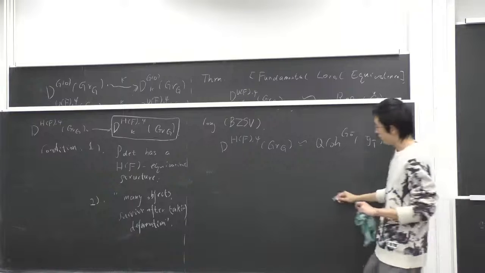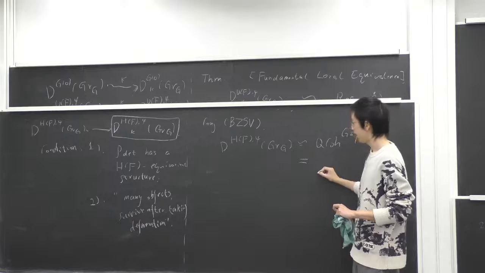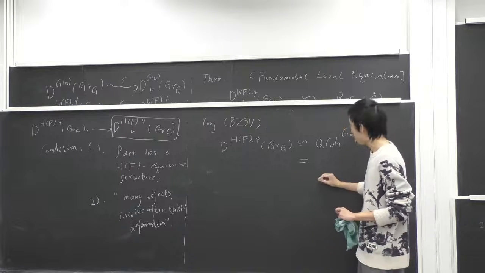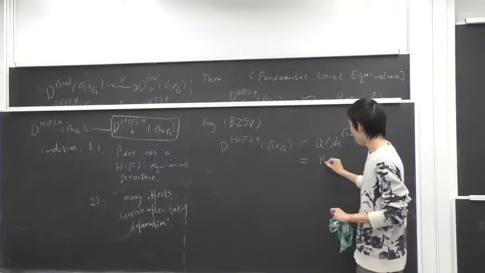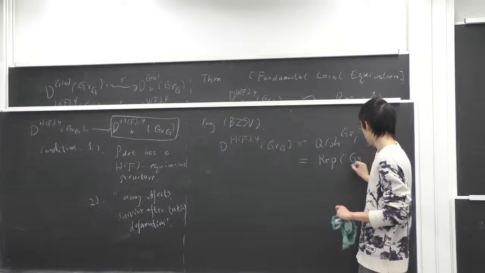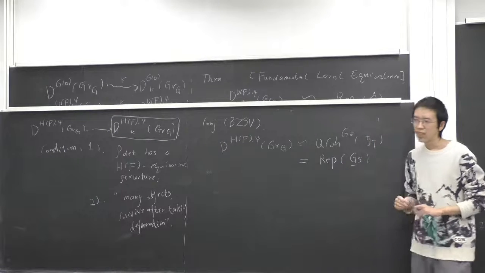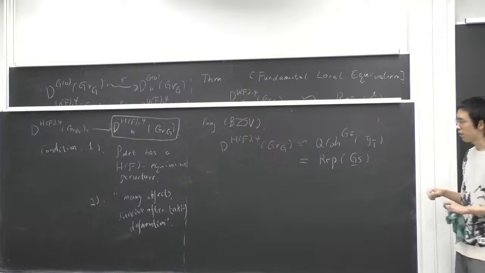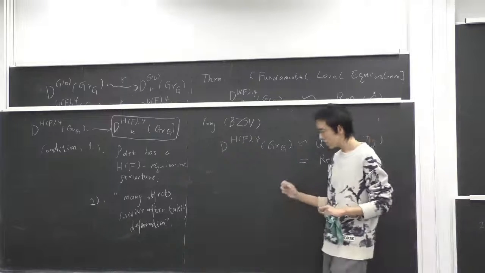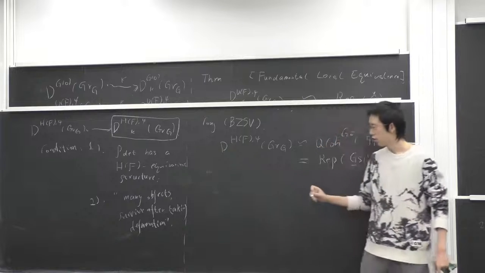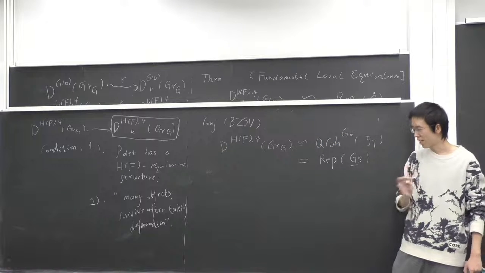Or actually, this category can also be defined by Koszul duality. It is equivalent to the category of representations of G_S underline. Here, G_S underline means the corresponding degenerate supergroup associated with G_S. Let us recall the degenerate. What do we mean by degenerate here?